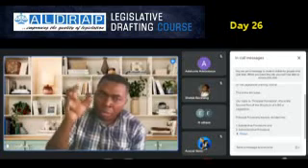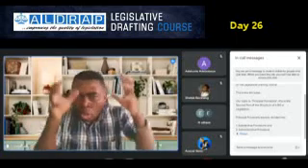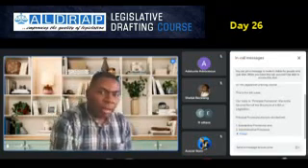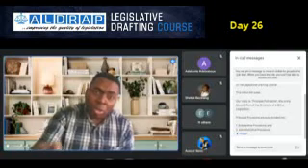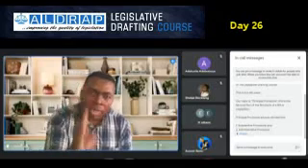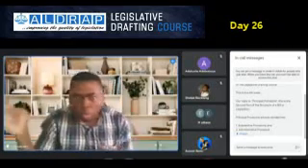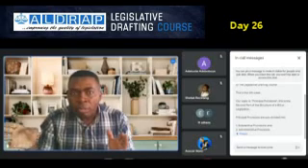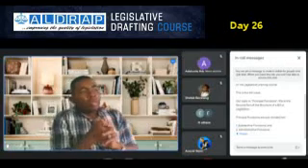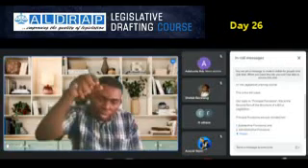Substantive provision is that provision that deals with the substance of the legislation. And ideally, every legislation should have one substance, one subject matter, not two. So it is there you establish.